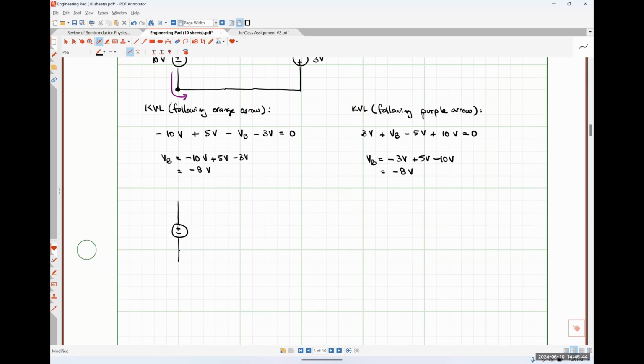So let's say that I have a 120 volt source, like so. Here's a 30 ohm resistor. Here is a dependent source. That's going to be twice VA, and I'll define what VA is in just a moment.